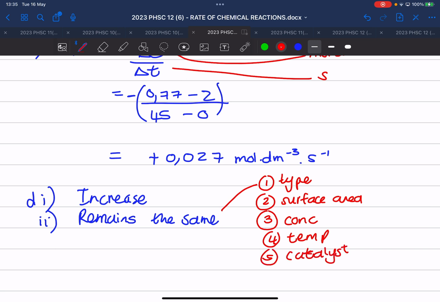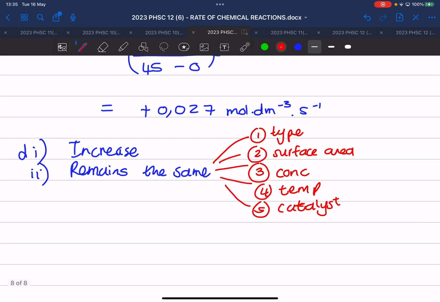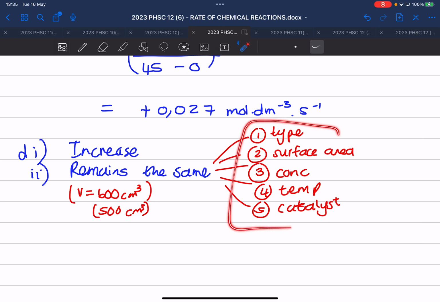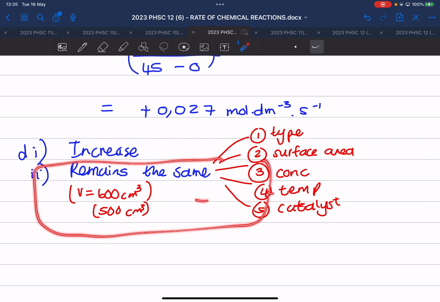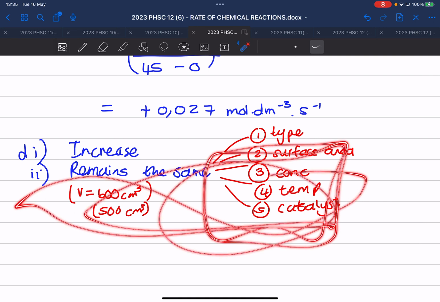Those are the 5 things that can change the rate of a reaction. Is volume any one of them? No. So at question 2, what did they do? They changed the volume to 600 cubic centimeters, where it was 500. They changed the volume, but that is not one of the things that can change our rate. They are going to try to trick you with this one. They always have it somewhere in the exam. Princess, are you with me? I tried to explain it to you now.